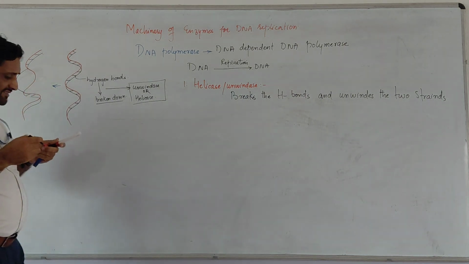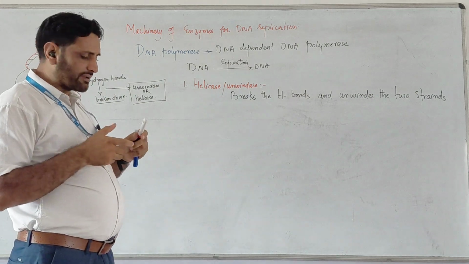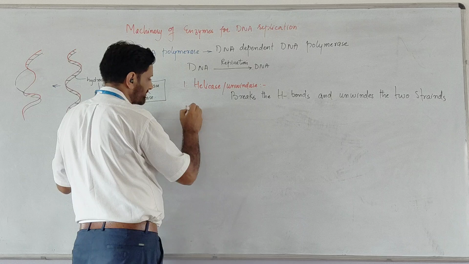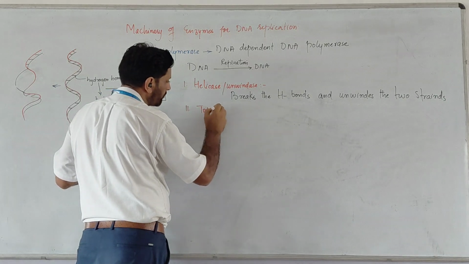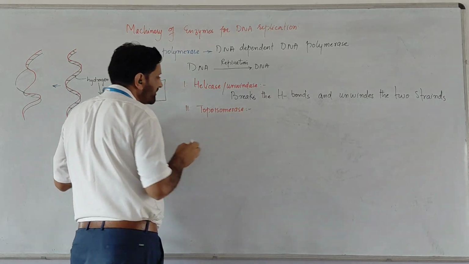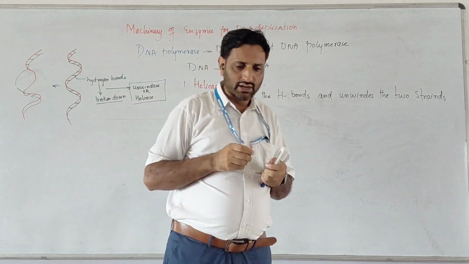To release that tension, we have an enzyme. That enzyme is known as topoisomerase. It releases the tension of recoiling.